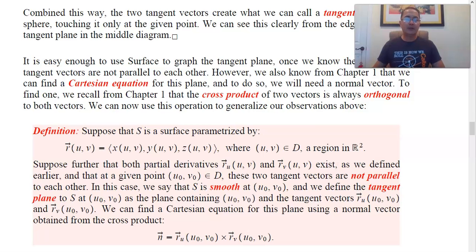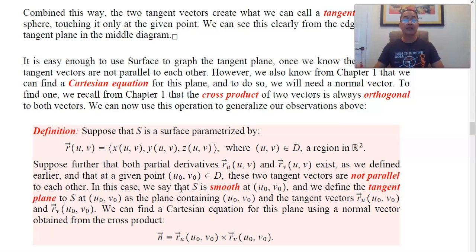Okay, so I hope you remember that we called a parametric curve smooth if the tangent vector is never the zero vector. Okay, so analogously, for a parametric surface, we will say that the surface is smooth if the tangent vectors at that point are not parallel to each other. So first of all, they can't be the zero vector.